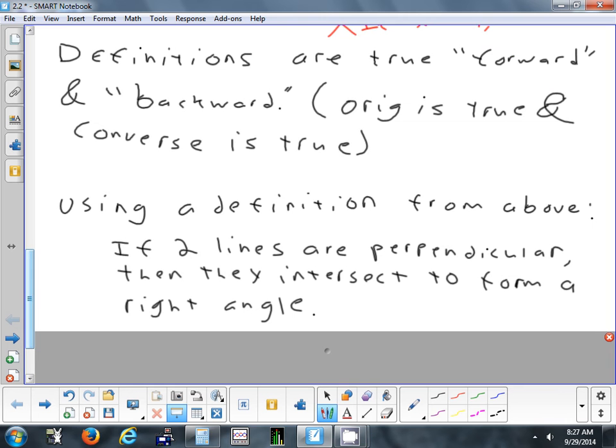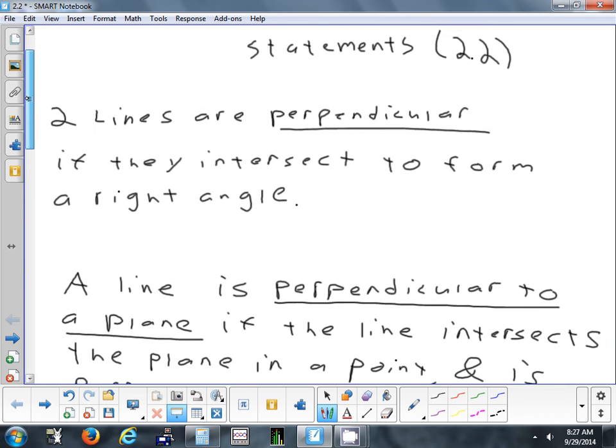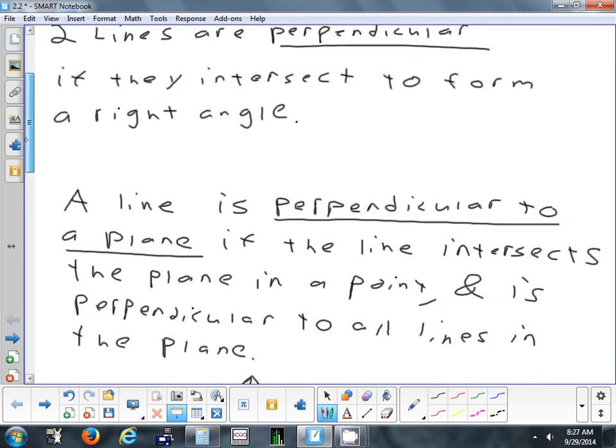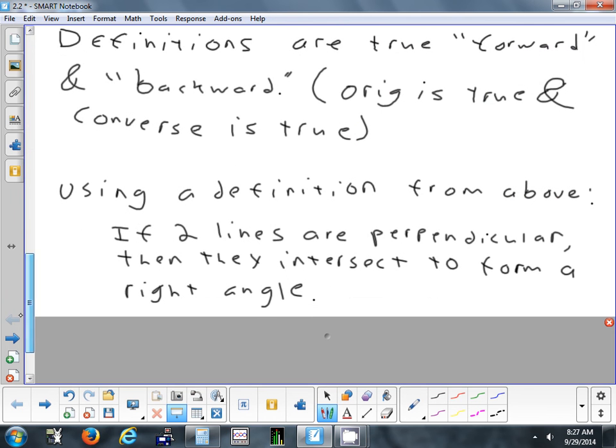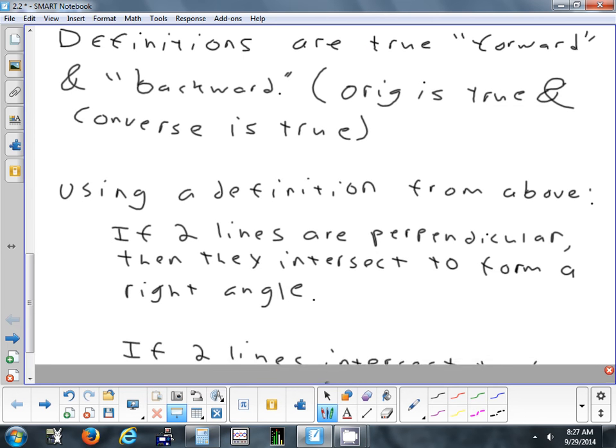Okay, so we had a definition above. Go back up to it for a second. It said two lines are perpendicular if they intersect to form a right angle. What I've basically done is I've rewritten that in if-then form.